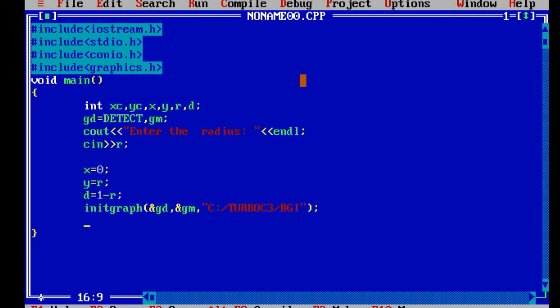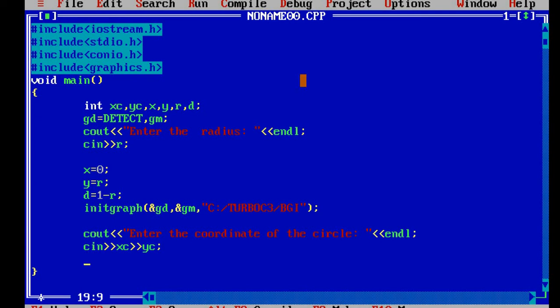Now to enter the coordinate values from the user: cout, enter the coordinates of the circle, and cin xc and yc.